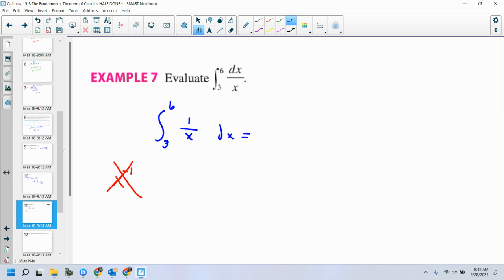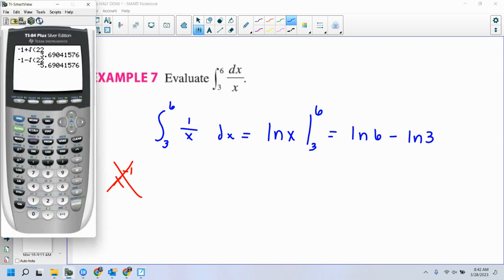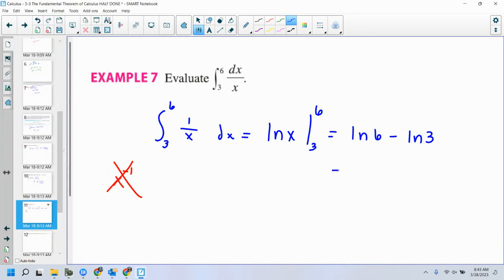It's ln. So it's ln of x from 3 to 6, which basically means top minus bottom: ln of 6 minus ln of 3. Let's evaluate that. ln of 6 minus ln of 3 gives me 0.69.